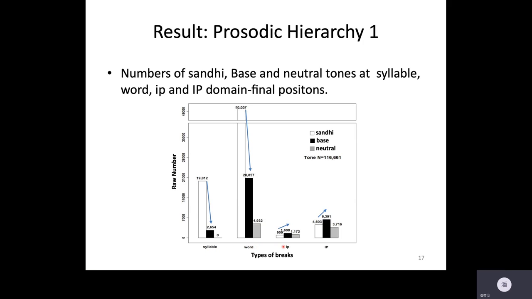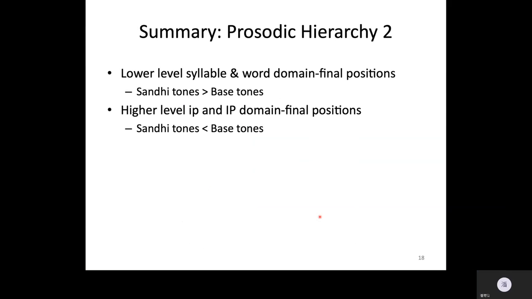However, before high-level, strong prosodic boundaries such as intermediate phrase and intonation phrase, there are more base tones than Sandhi tones. In other words, the number of base tones increased from low-level to high-level prosodic boundaries.